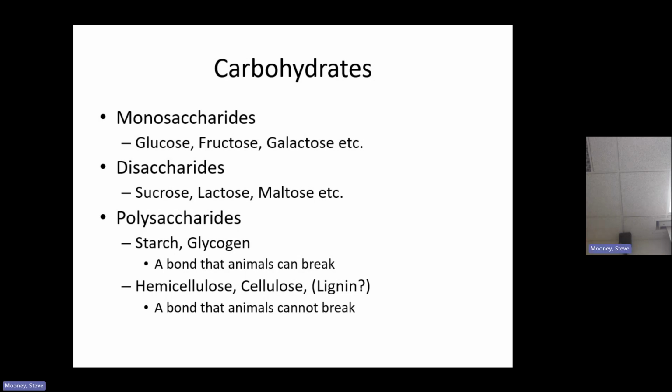Hemicellulose and cellulose, glucose is strung together in a different pattern. They're put together in such a way that animals cannot break them down. So hemicellulose, cellulose, and then lignin are all part of the cell wall. And we'll pick up there next time.